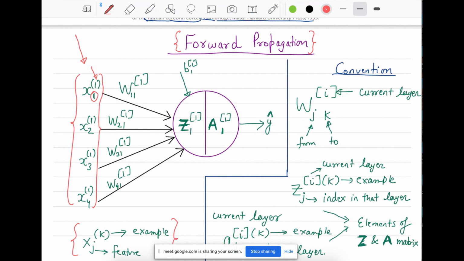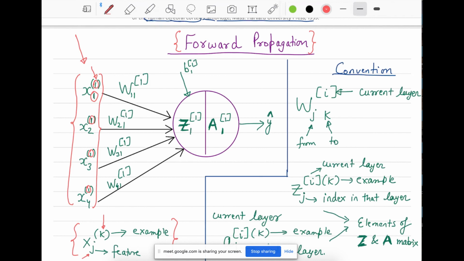What is this? Subscript, if you are writing it as a subscript, means you are actually dealing with the particular example. In this case, I am having only one example. That's why I am writing one over here. So all this will be one because we are dealing with only single example case right now. And this is basically the features.